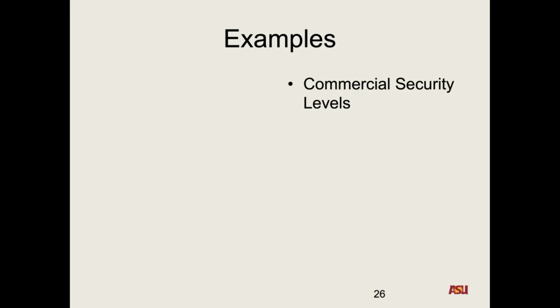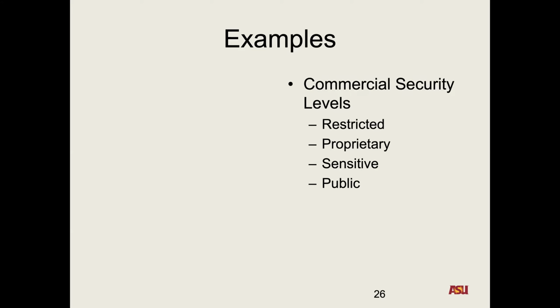On the commercial side, these are essentially arbitrary, but the way we'll describe them here is in a level from highest security to lowest security. Something at the top of a commercial security level would be restricted, then proprietary, then sensitive, and then public.